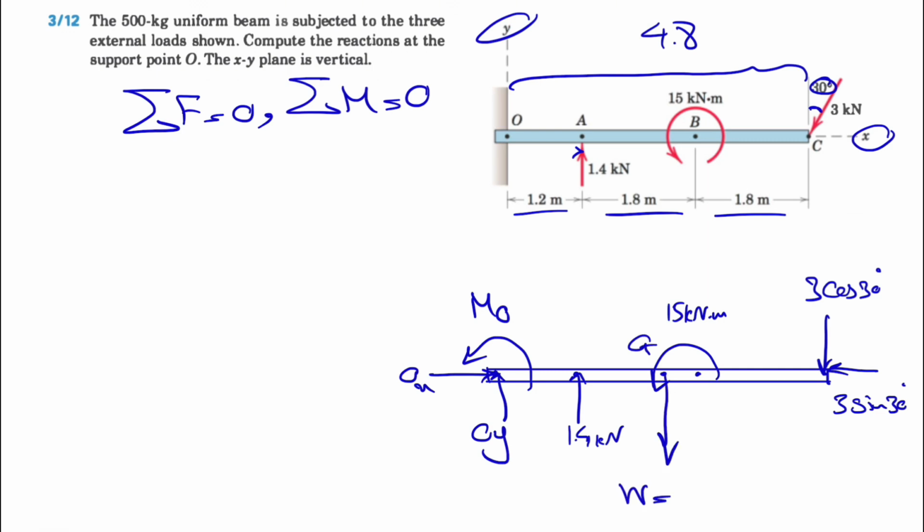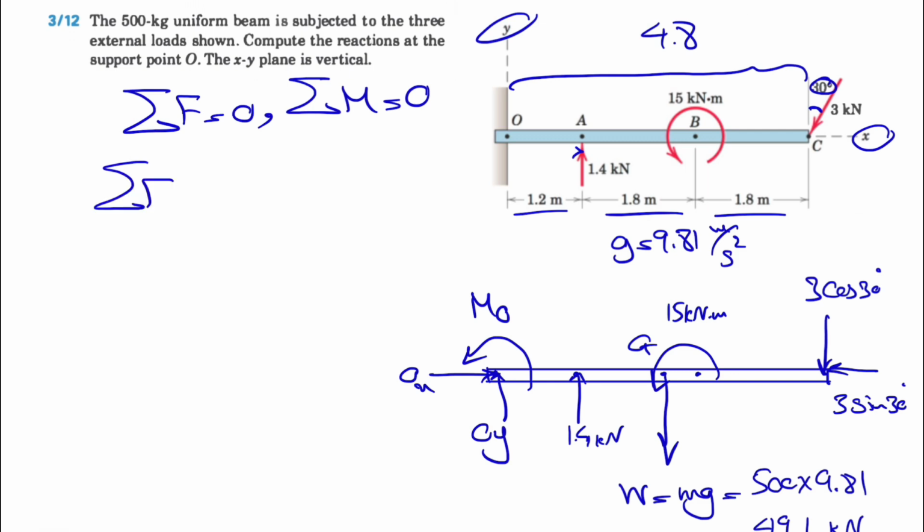The weight is mass times g, where g is 9.81 meter per square second, the acceleration of gravity, so 500 times 9.81 gives us 4.91 kilonewton. Now that we have this, we can use our equations to find the unknowns.